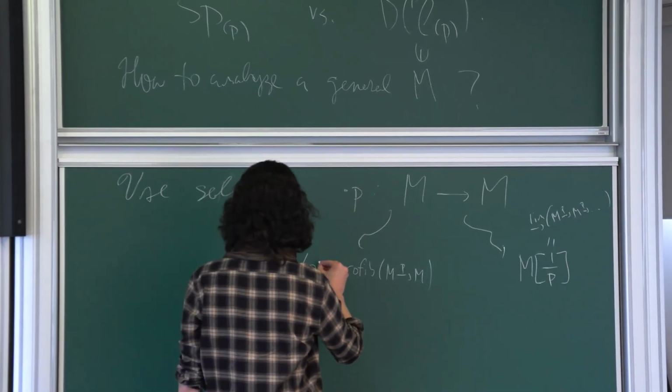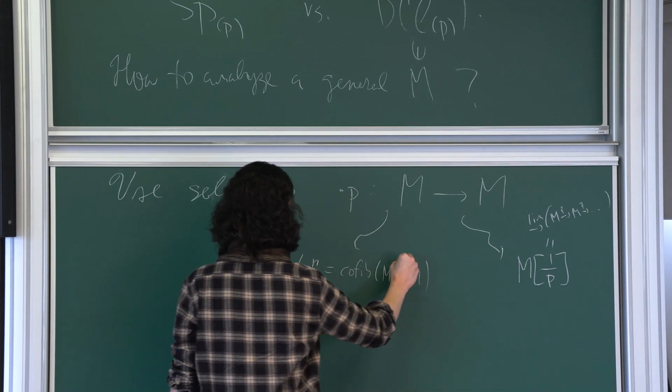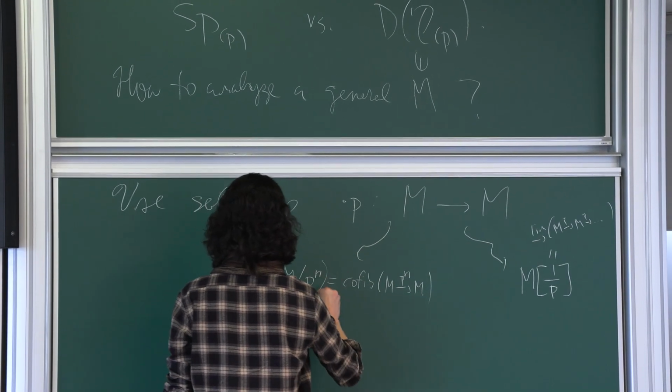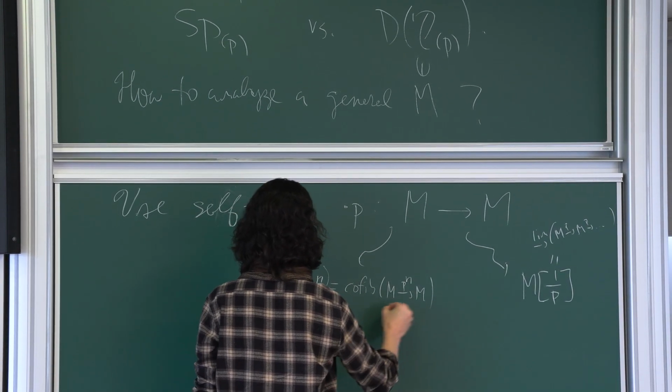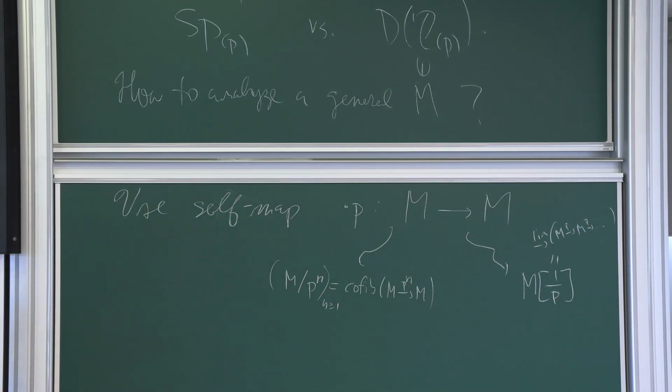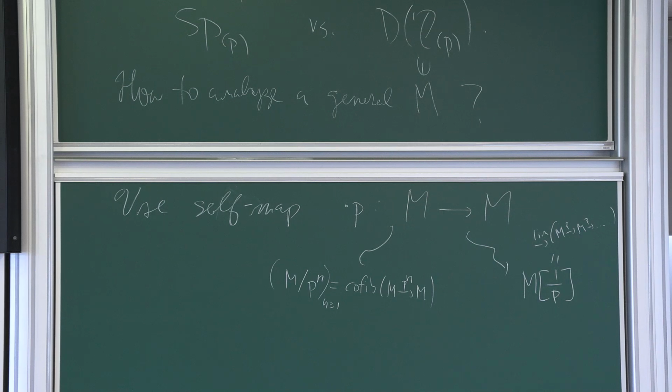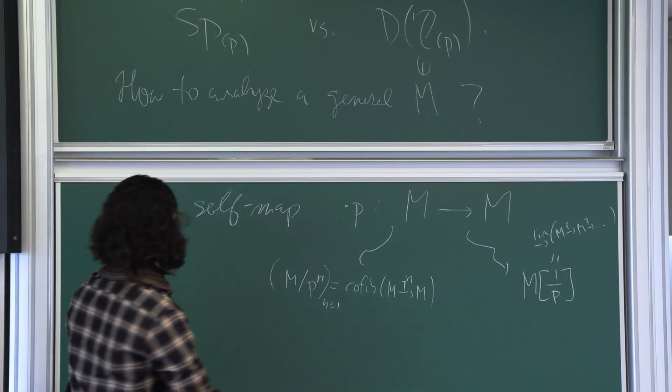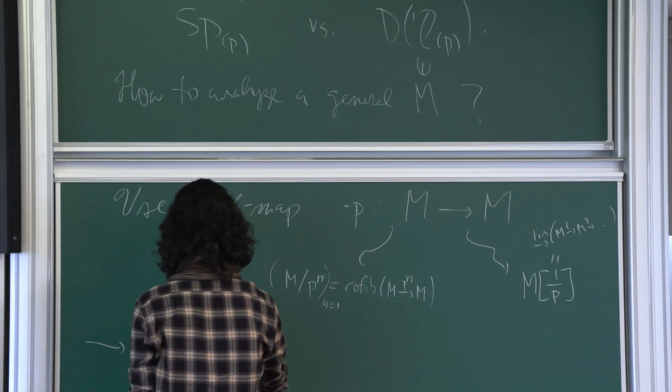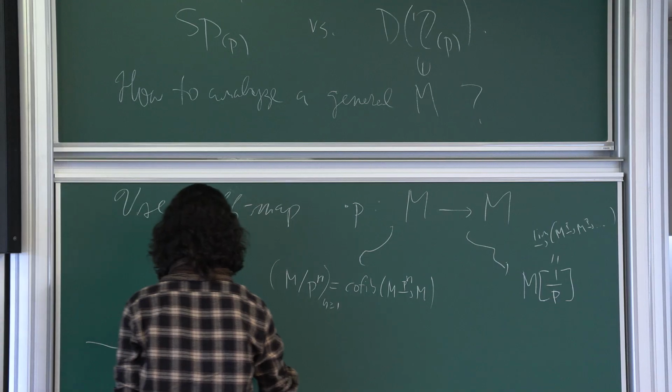And more generally, you could mod out by an iterate of this map, so p to the n, and you get a tower in this way. And by this procedure, you can decompose M. So by purely formal reasons, you actually get a pullback square like this.